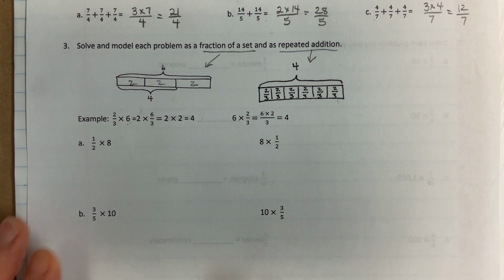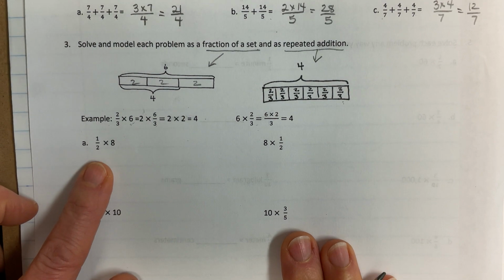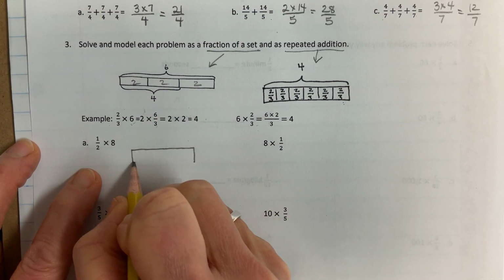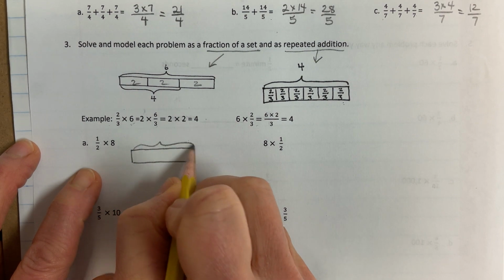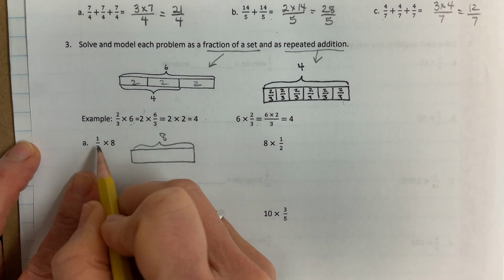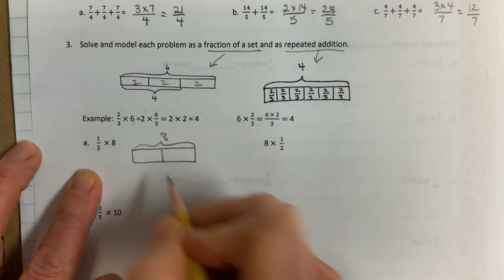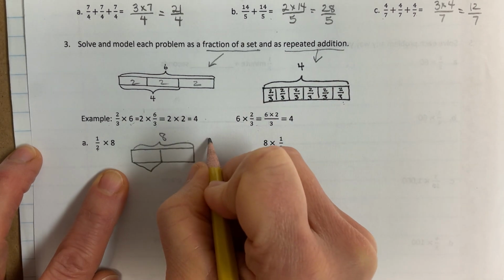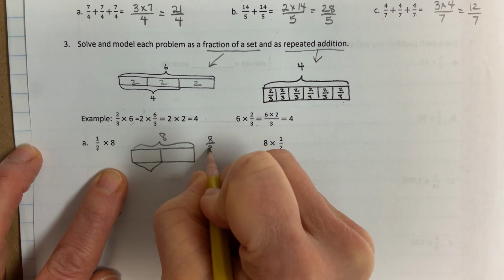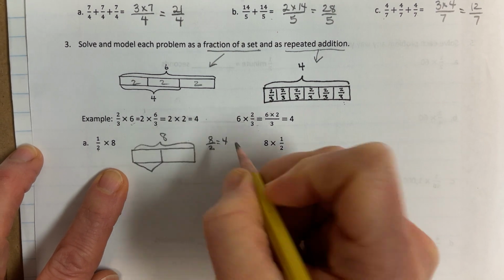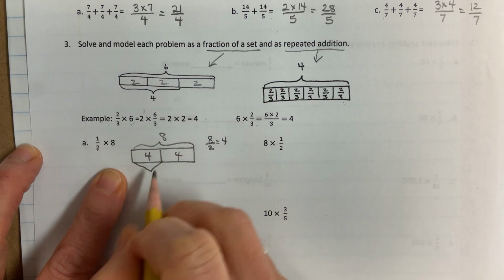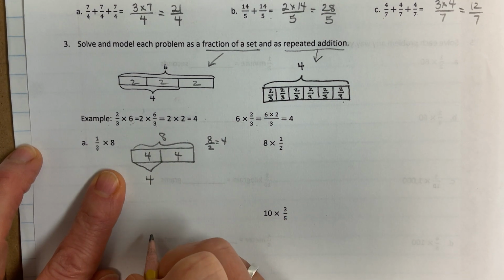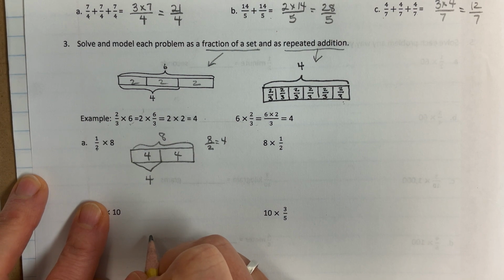Okay, so let's practice down here. 1/2 of 8. That means 8 is my total. I'm breaking them into 2 boxes, and I'm looking at one of them. Okay, so 8 divided by 2 boxes is 4. And I'm looking for one of those boxes, so my answer is 4. 1/2 of 8 is 4.